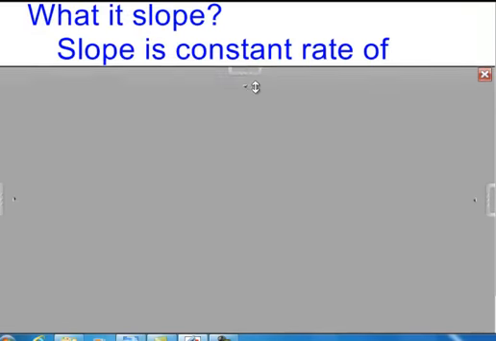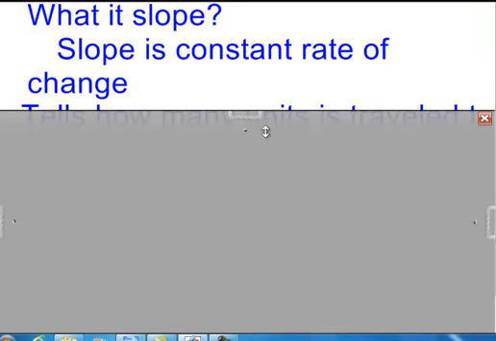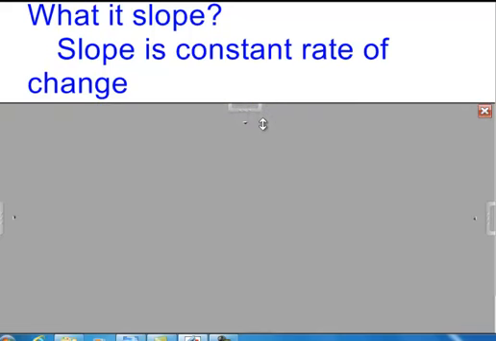Well, the definition says that slope is a constant rate of change. But wait a second. Oh, that is so confusing. Didn't we just say that constant meant it never changes? But rate of change says it changes. So how can it be a constant and a rate of change at the same time?